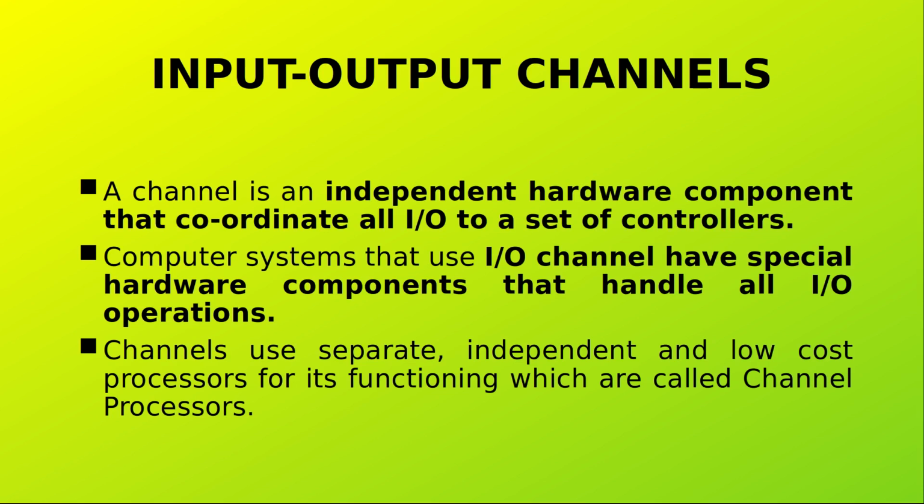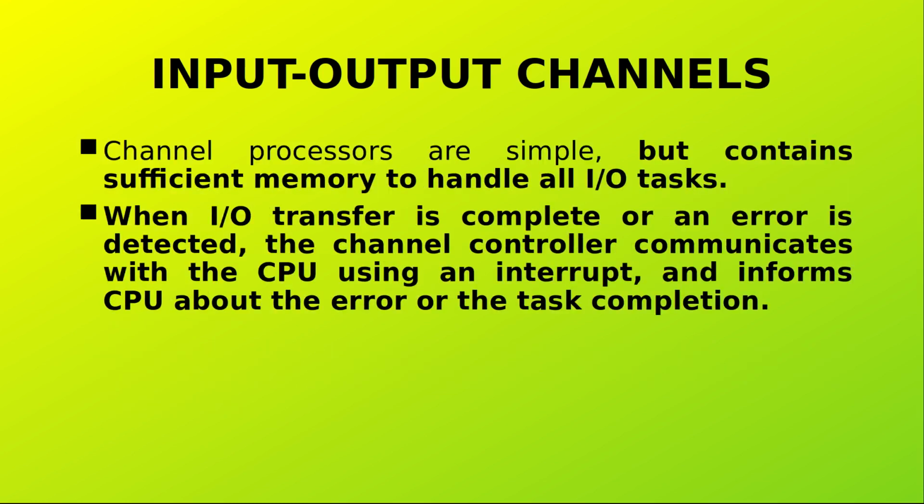It processes the input output commands. The channel processor is simple but contains sufficient memory to handle input output tasks. When the input output transfer is complete or an error is detected, the channel controller communicates with the CPU using an interrupt, informing the CPU about the error or task completion.